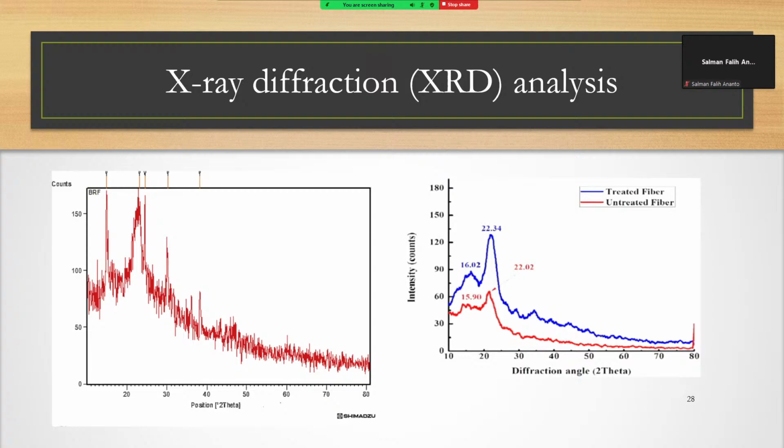The second, high-intensity peak is observed at 2 theta of 22.034 degrees and 22.02 degrees for treated and untreated fibers respectively. The peak at about 22 degrees belongs to the crystalline constituents. It means around 16 degrees is for amorphous constituents and 22 degrees is for crystalline constituents. From the obtained X-ray diffractograms, the crystallinity index, CI, is calculated using the intensities of the crystalline phase and the amorphous phase respectively.